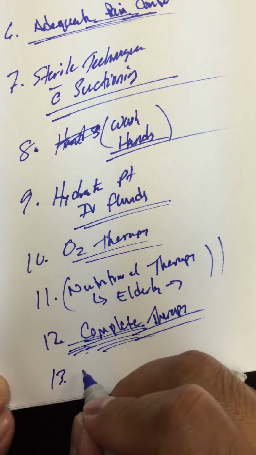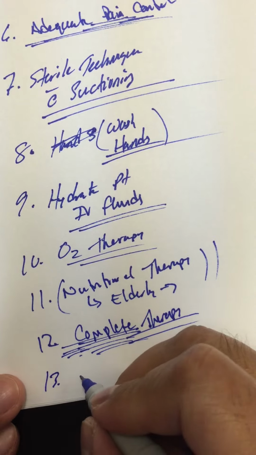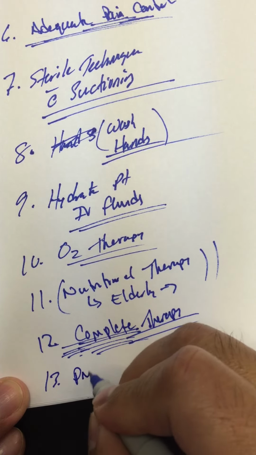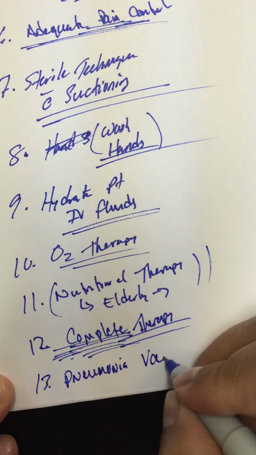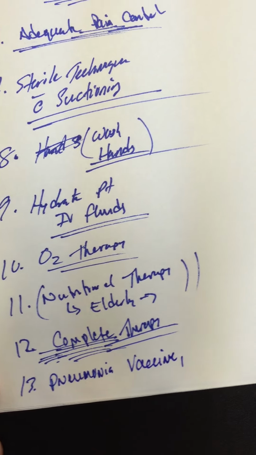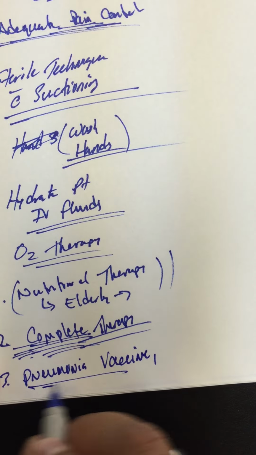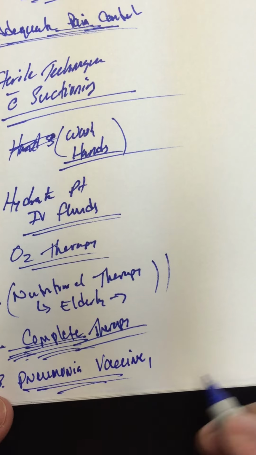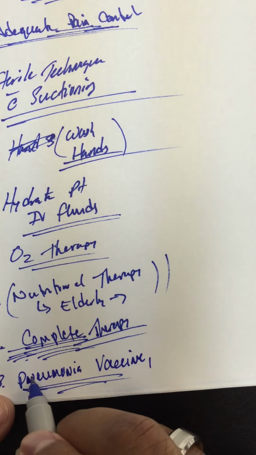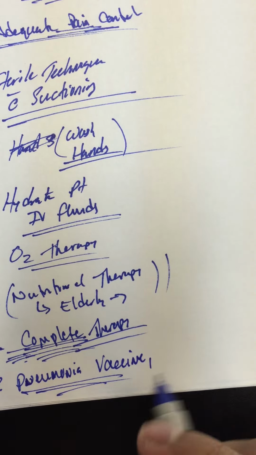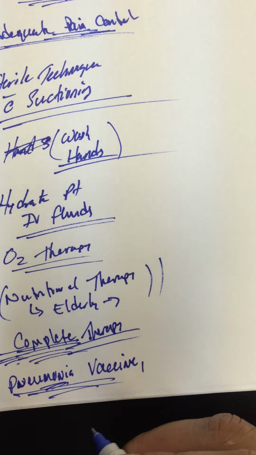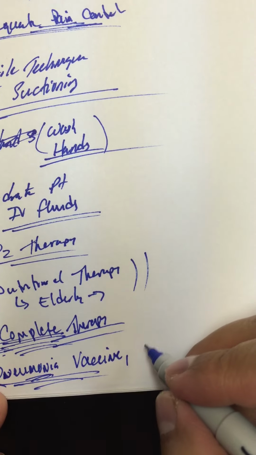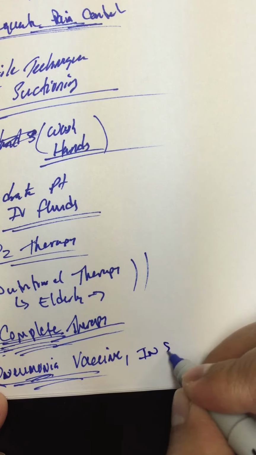Last but not least, you want to inform your patient of the pneumonia vaccine. Now remember that patients can get the pneumonia vaccine if they are at risk for pneumonia, and that revaccination will occur in 5 years.